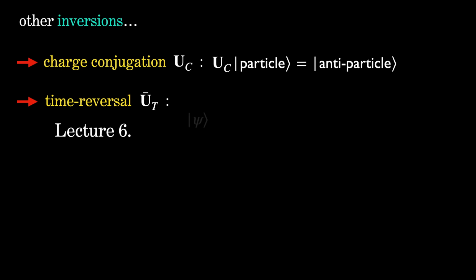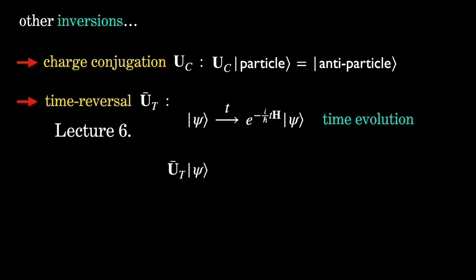The normal time evolution proceeds as follows, by the time evolution unitary operator generated by the Hamiltonian. As we have shown in lecture 6, the state transformed by time reversal will evolve in the opposite direction to how the untransformed state would evolve.